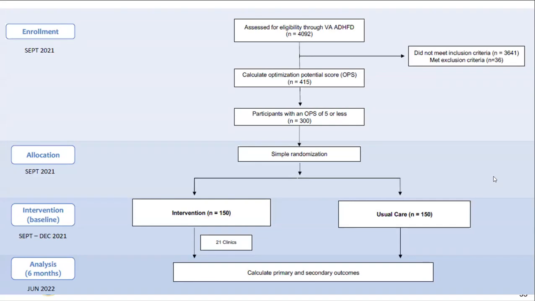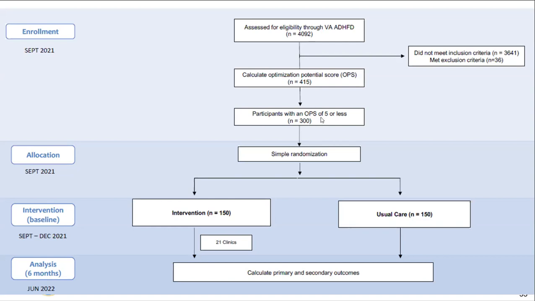So we've done the intervention and we're just waiting for our outcomes. But in September of 2021, we identified 4,000 patients on our local dashboard. We set criteria for the quality of care for heart failure using GDMT points. Basically, there's an optimization score, and the lowest scores were the ones we focused on.